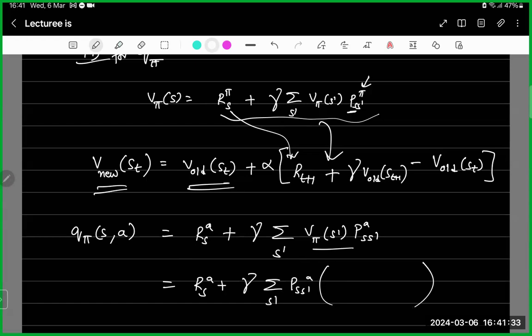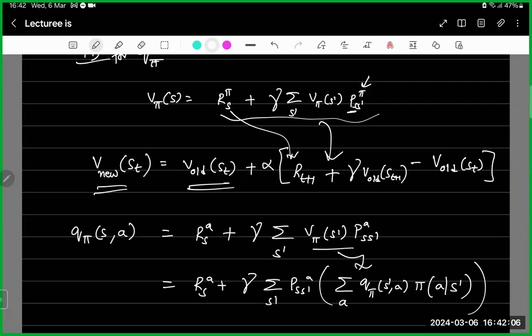What is V pi in terms of Q pi? You are acting according to policy pi. So you will get Q pi of S dash comma A, but A is sampled according to policy pi, so you have to multiply this with pi of A given S dash and sum over all A. I just substituted the definition of V pi.